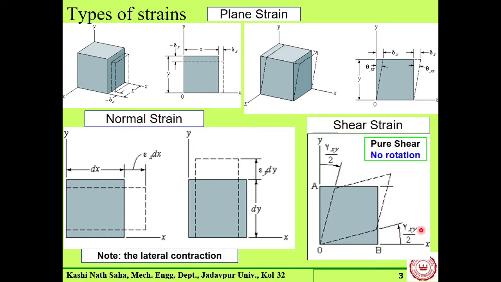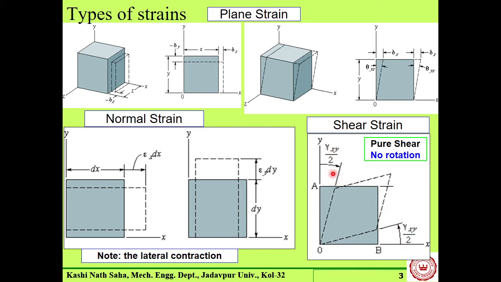When we go into the mathematical description, that means the description of the strain field, we will see that instead of this gamma xy, which is our shear strain and is what we generally use in our Mohr circle in our 2D stress analysis or 2D strain analysis, it consists of two parts.